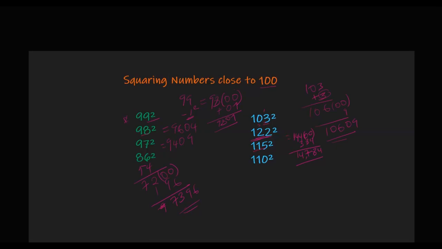How about 115 squared? Like I said, it's also easier. You can already see you add 15 here. For 115 squared, you look again at the difference between 115 and 100.